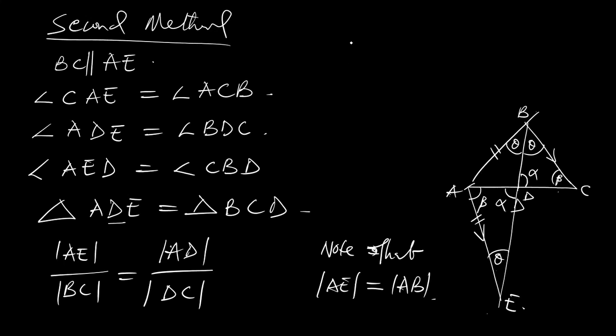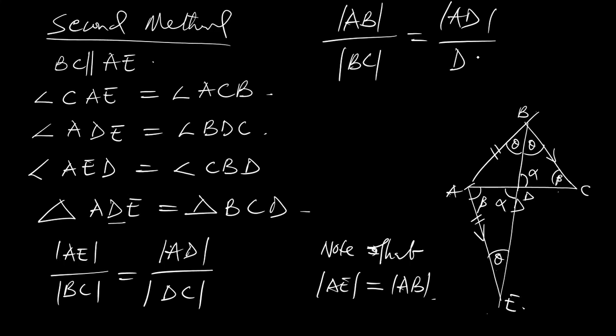So now if we put AB up there, we say AB divided by BC will now be equal to AD divided by DC. So you see, it is proved again. Now let's look at the third method. The third method.